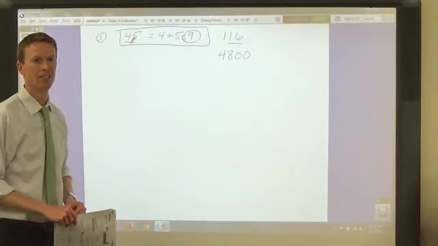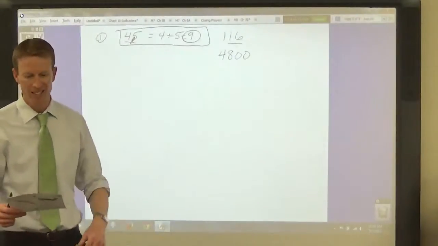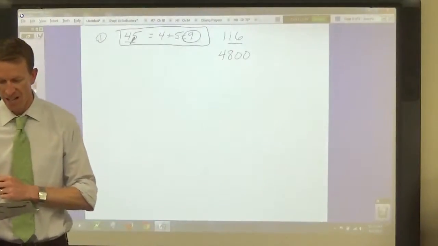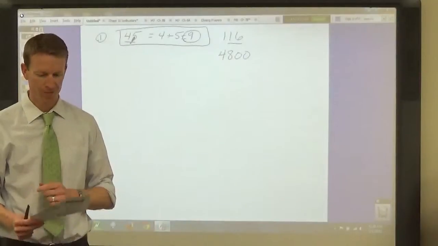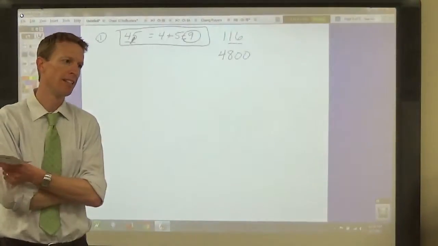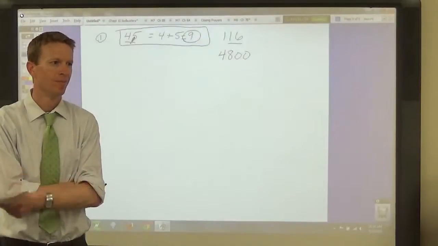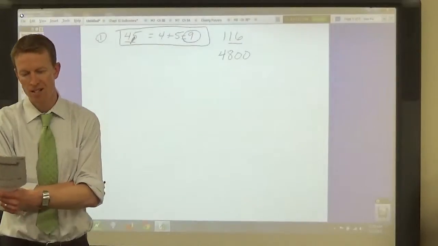Why? Because 4 plus 5 equals 9, and then 9 is divisible by 9. Exactly. And finally 10. Max? How do you know if a number is divisible by 10? If it ends in a 0. Ends in a 0, right.